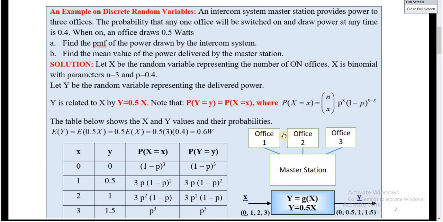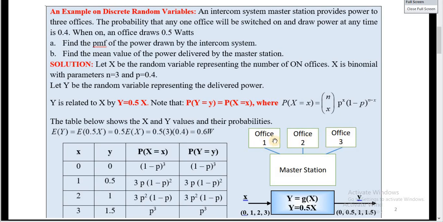We might have all of them switched off. In this case, x is 0. That is the number of offices that are switched on. We might have one of them switched on, either 1 or 2 or 3.